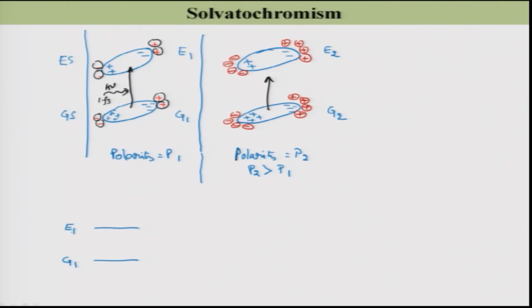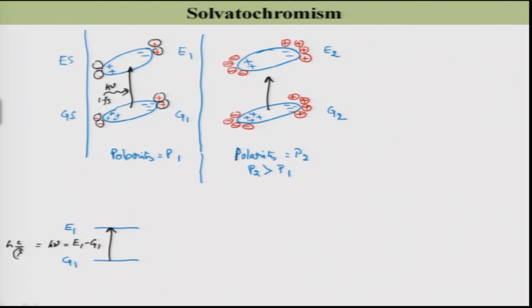So, the absorption spectra will be similar to this transition, is it not? So, h nu will be equal to E1 minus G1, which is equal to hc by lambda.